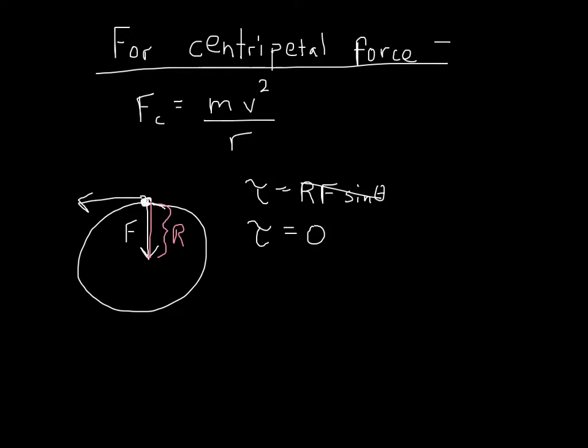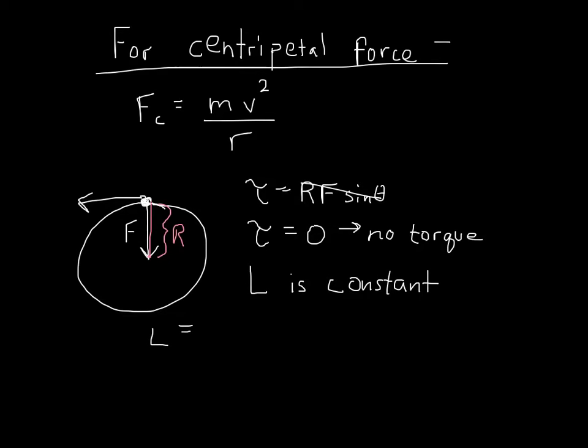There is no torque for this object rotating around in a circle. That doesn't mean, however, that I don't have angular momentum. All it means is the angular momentum of this object moving due to a centripetal force is constant. So angular momentum of a circular orbit is constant.